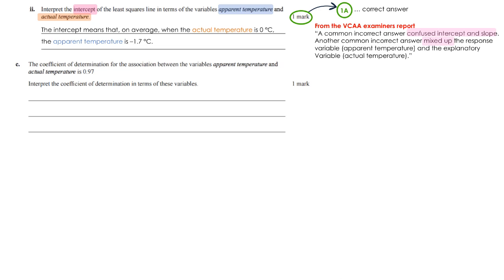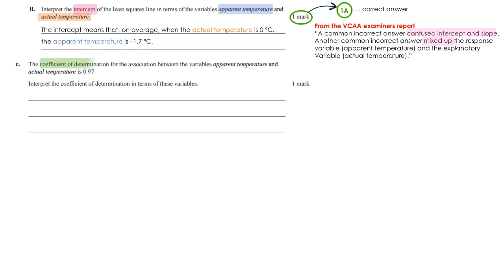Always remember that the variable on the horizontal axis is the explanatory variable, in this case the actual temperature, and the variable on the vertical axis is the response variable, in our case apparent temperature.